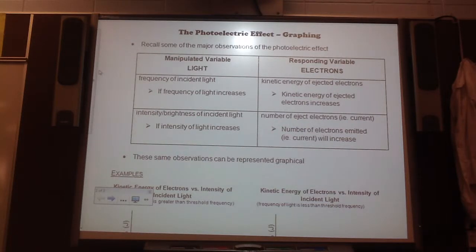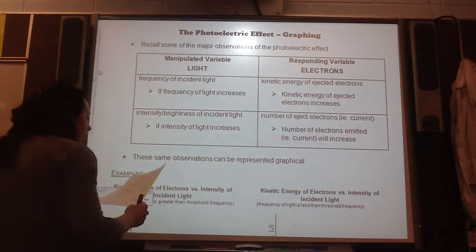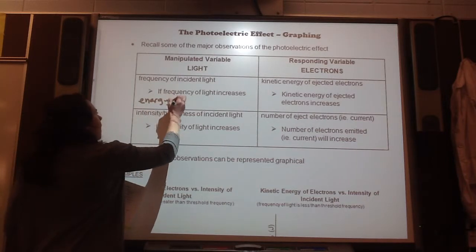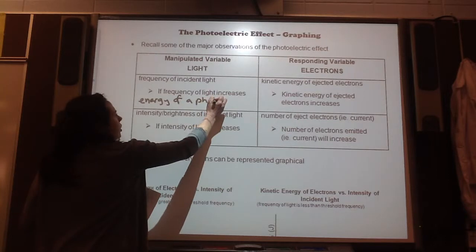So when we think about, say, the manipulated variable about light being that the frequency of the light increases, the frequency is like your F. The way I think about that is if your F is increasing, the energy of a photon is increasing, okay?